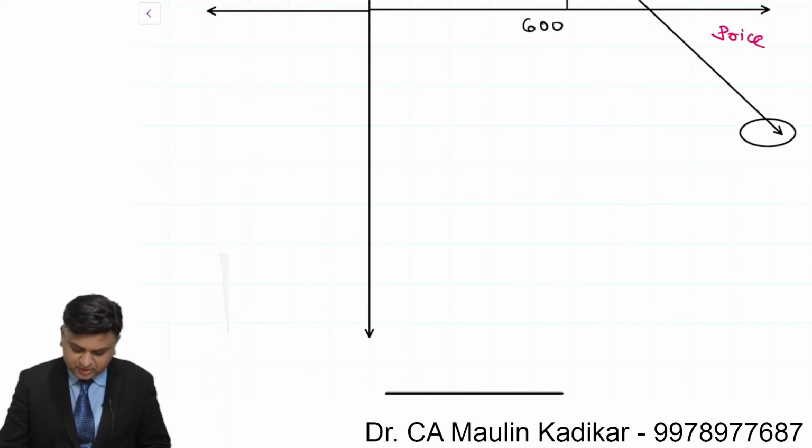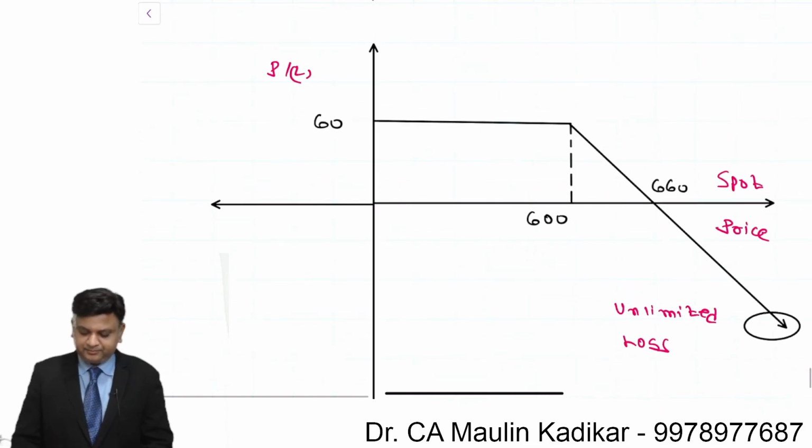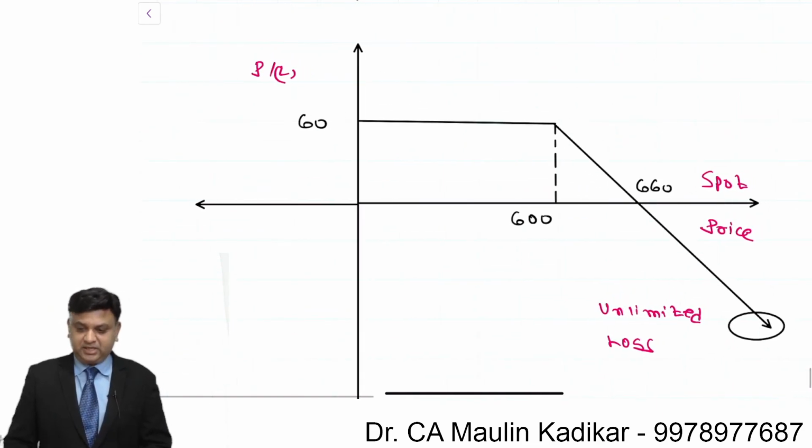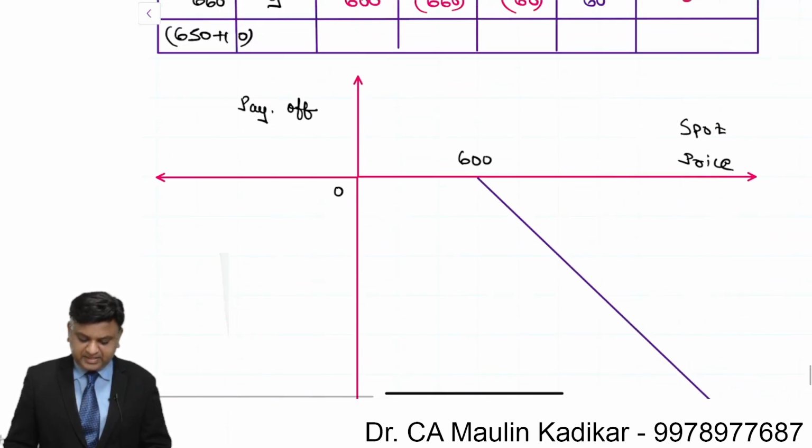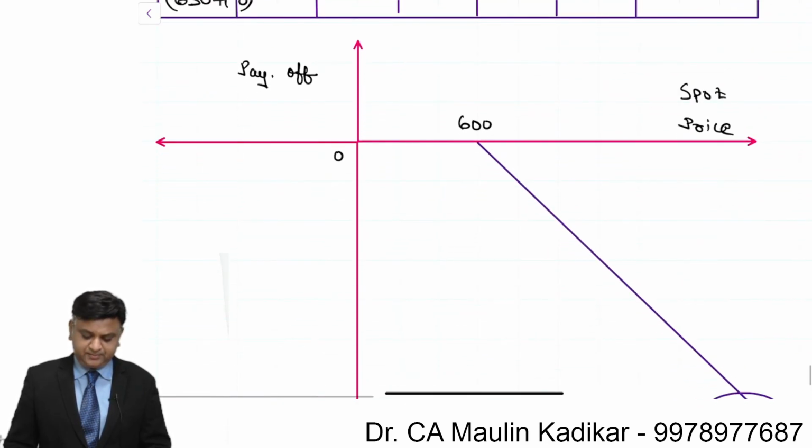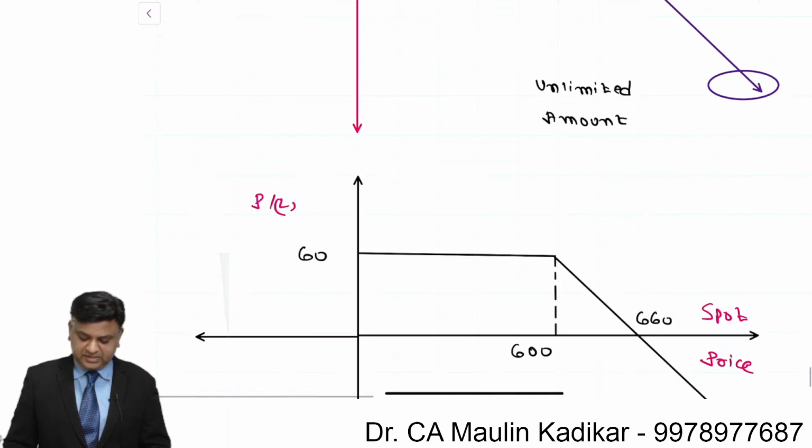So this goes for unlimited amount. This is the way the call option seller will have a kind of loss situation if the price is more than 660, and this is the negative payoff that he would be having.